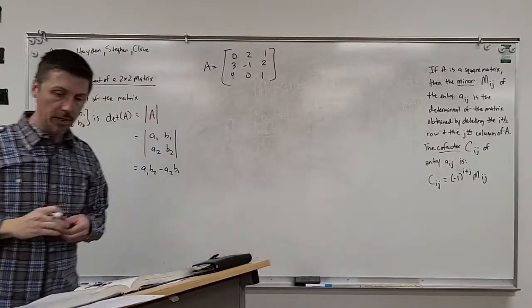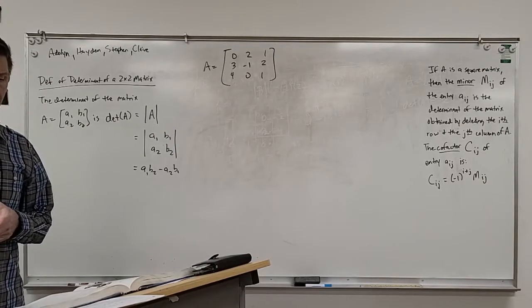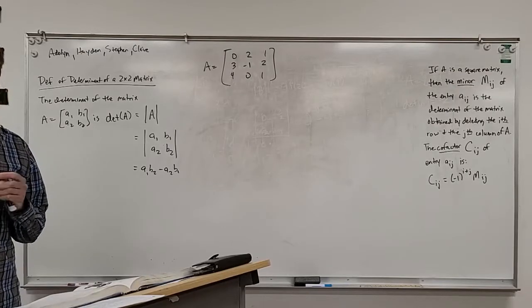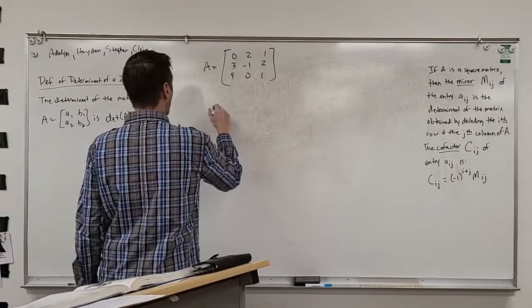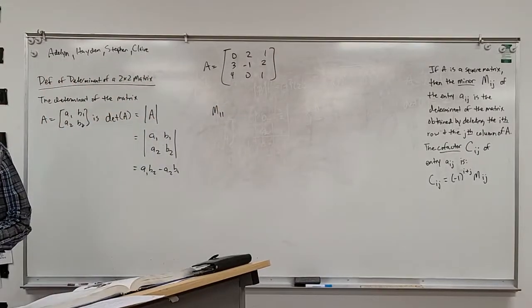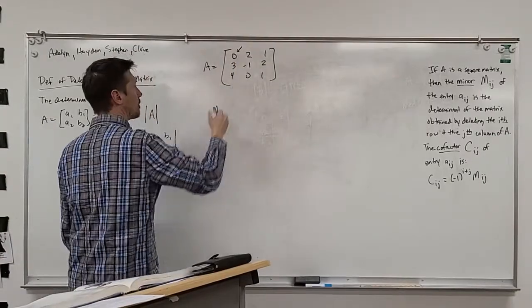They give us this matrix, and they want us to find all of the minors and cofactors, but let's just start with M11, all right? So M11, that's going to correspond to entry A11, which is this entry right here.